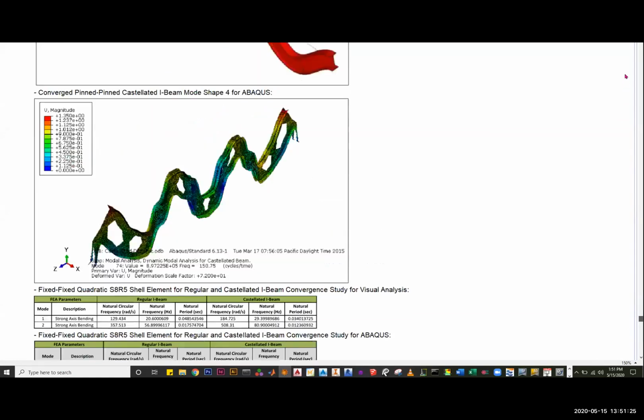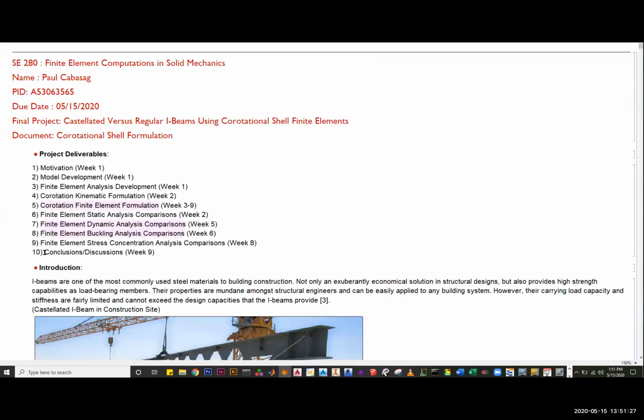I'll end with some error plots and some analyses: as I refine the mesh, do my errors reduce, and does using quadratic versus linear elements also reduce them? That's all I have for now. I'm hoping I can finalize this in the next few weeks. All right, thank you.